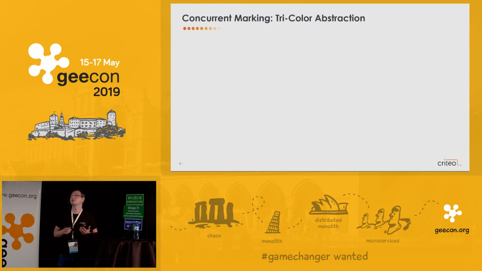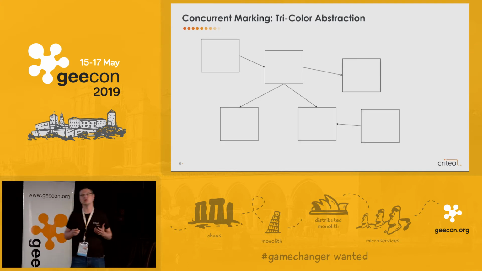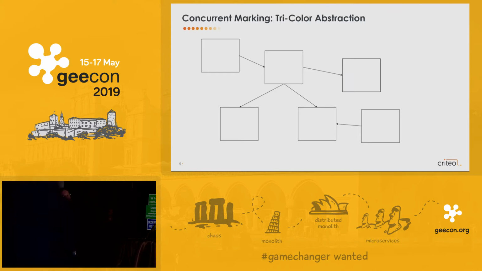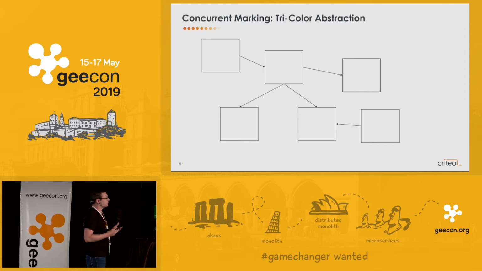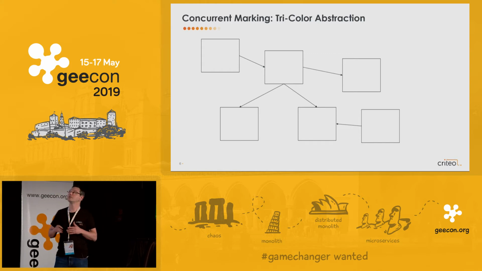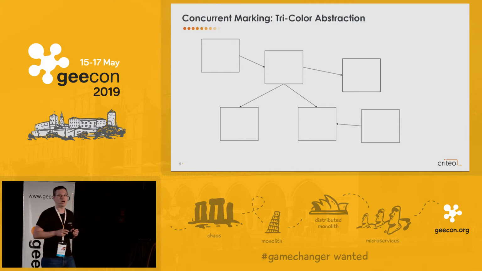Let us explain what the tricolor abstraction is. You have an object graph with the GC root on the top left. The algorithm traverses this object graph from the GC root. When all the objects are unmarked, they are all white.